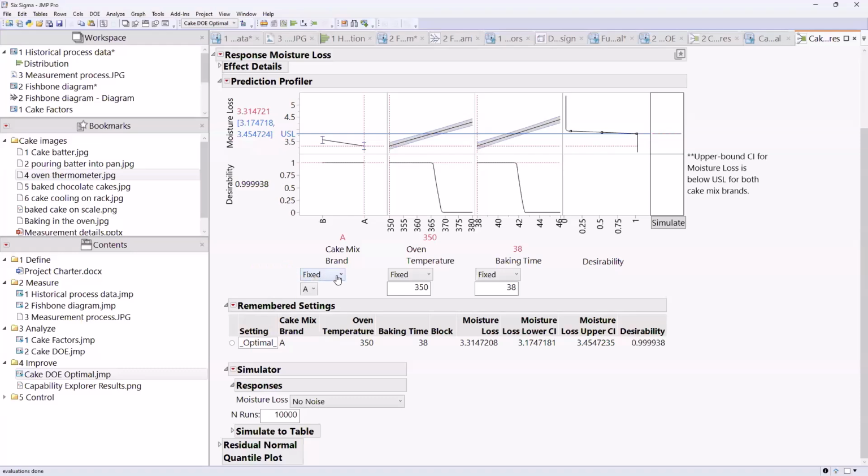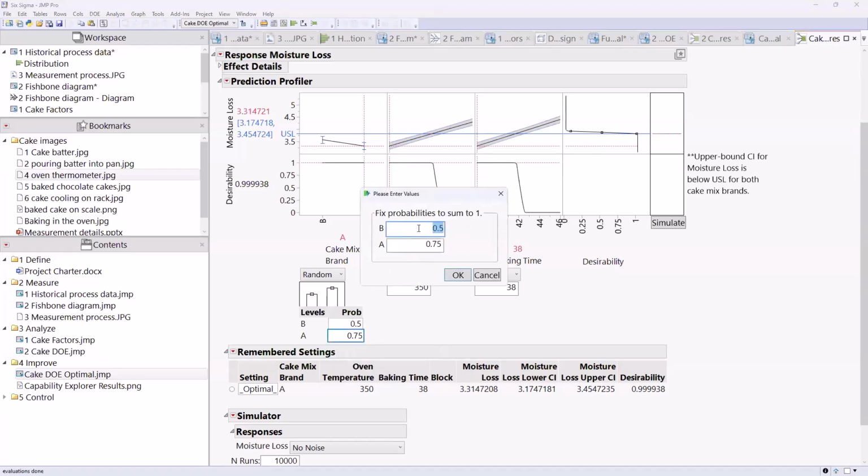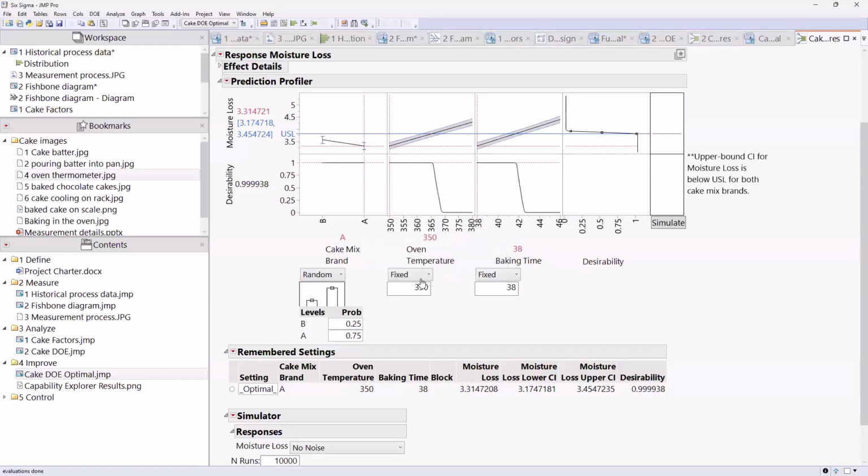So here I'm going to tell JMP the cake mix is not fixed, that's random. I'm probably going to use brand A most of the time because it has lower moisture loss, but I'll probably still use B maybe 25% of the time. And same thing for the oven temperature. This is not fixed, this is random.